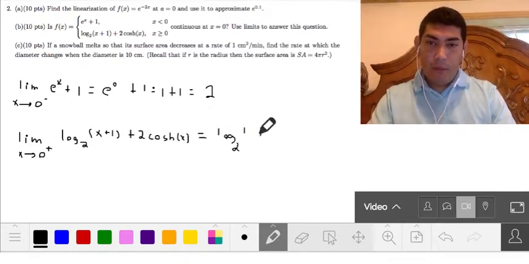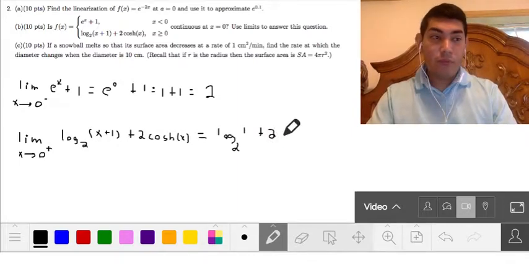Then plus 2 times the hyperbolic cosine of 0.